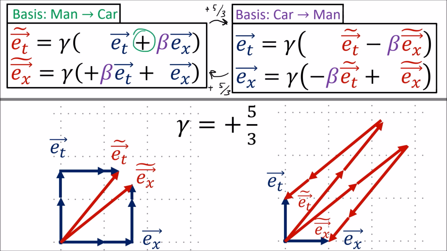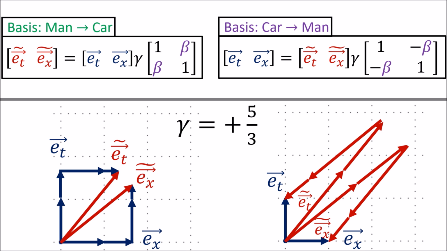The key difference is that the beta coefficients are positive in one set of equations, which pushes the new basis vectors towards the upper right. But in the other set of equations, the beta coefficients are negative, and this helps pull the basis vectors back down to where they started.